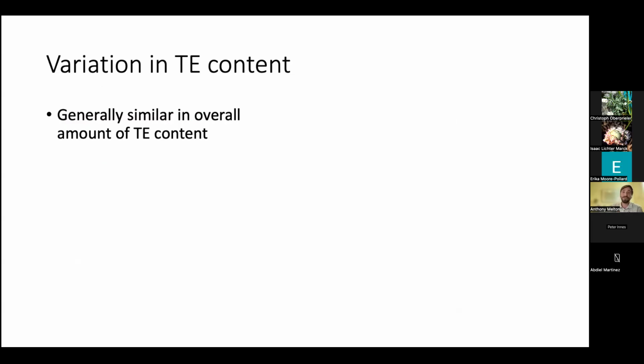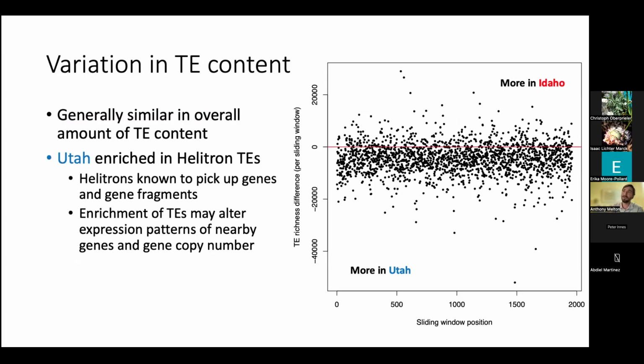And in general, across the genomes, we see a fairly similar overall amount of transposable elements. But when we dig into what those different transposable elements are, we do see some pretty big differences across the genomes. One thing that we thought was really interesting is that within our Utah genome, we see a big enrichment of helitron transposable elements.